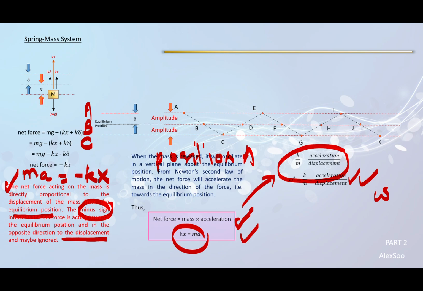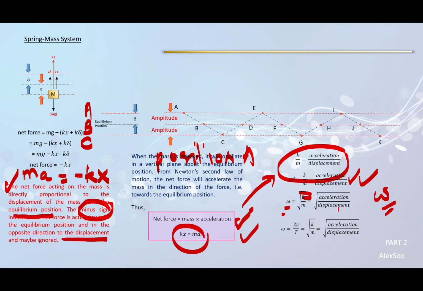So since acceleration over displacement is equal to K over m, the circular frequency squared is equal to K over m. So we have omega, the circular frequency, equal to the square root of K over m.